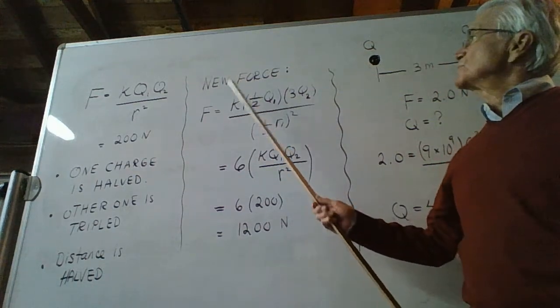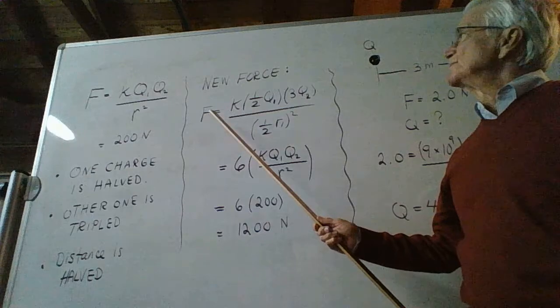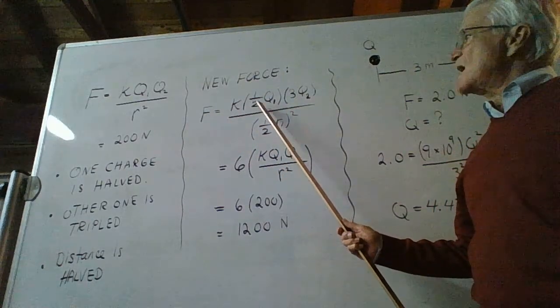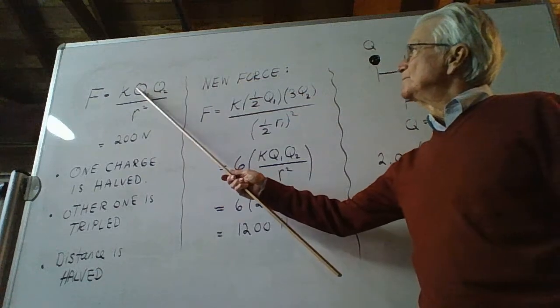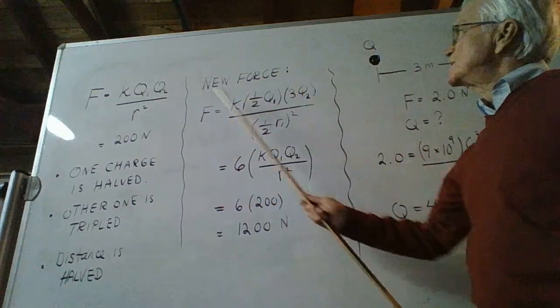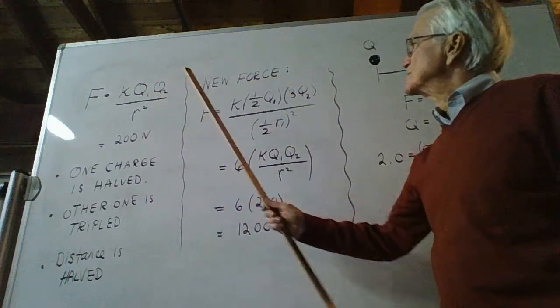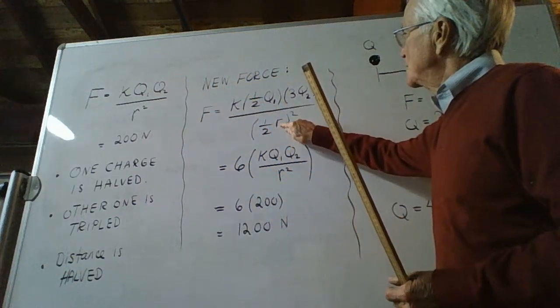Well, we have the new force equation shown here. The new force is KQQ over the distance squared. One of the Q's is half of one of them. The other Q is 3 times the other. And the distance is half of the old.